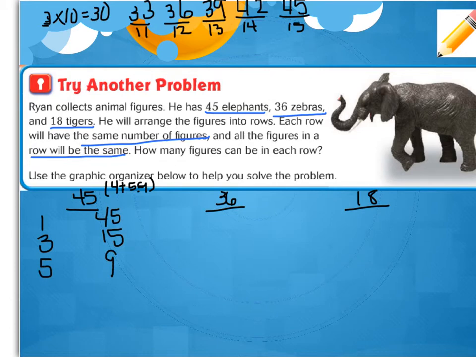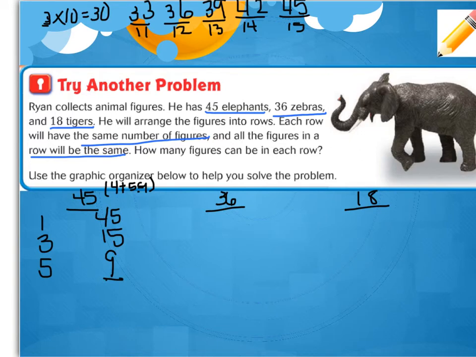Since 2 and 3 were not factors of 45, I know it's not a 6. And I know that 7 times 7 is 49, so 7 won't work either. I know that 8 times 5 is 40, so 8 isn't a factor either. And then I get to 9, which is already there, so I can say I've listed all my factors.